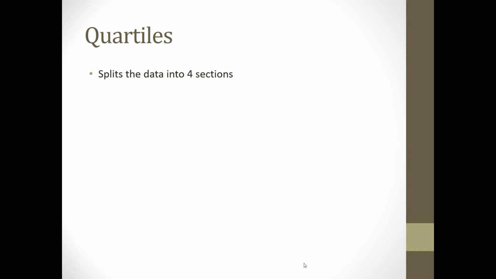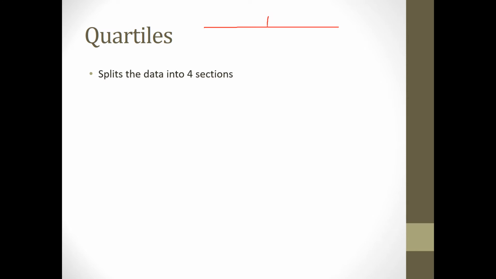So let's see, quartiles. We split the data into 4 sections. So, okay, one of my pet peeves is I go to Subway and I ask them to cut my sandwich in quarters because the baby likes to have a quarter of my sandwich and then I eat the other half and then we save a quarter for later.